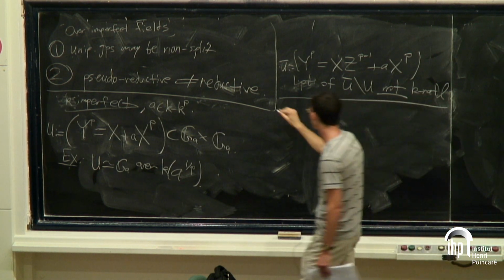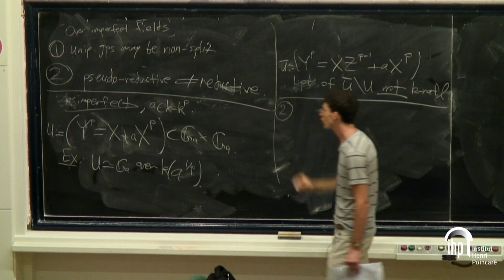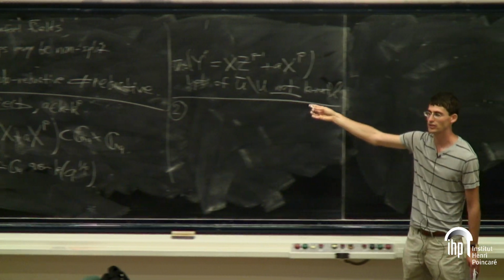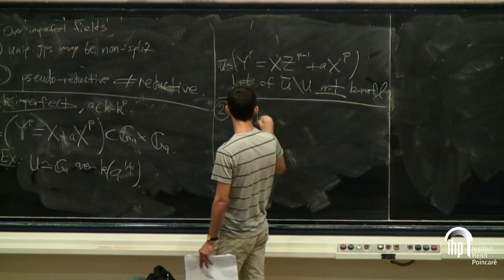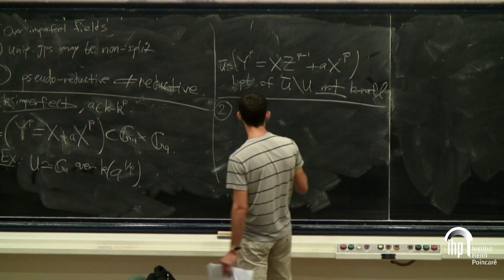And so the second thing: again, over any imperfect field, pseudo-reductive and reductive are very different notions. So for example, here is one of the simplest examples.